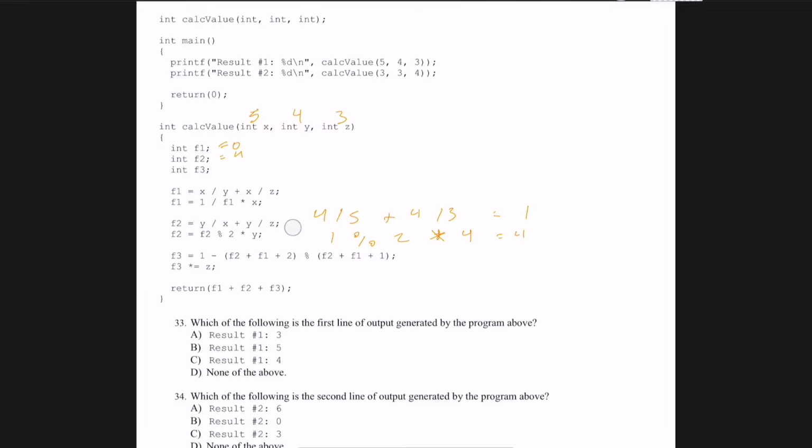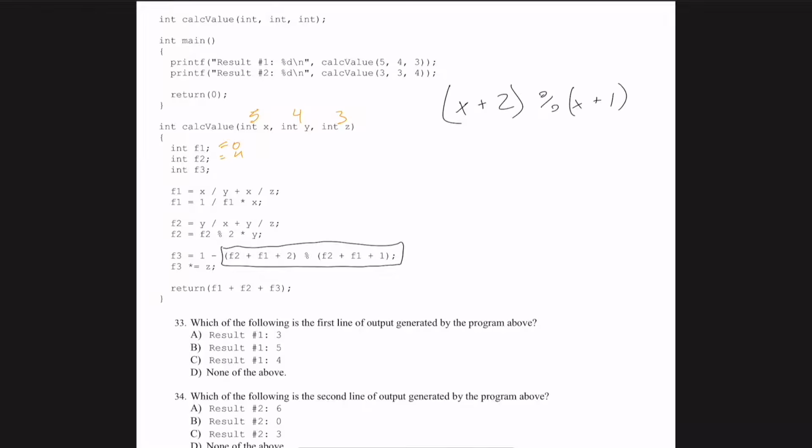Now we have this long equation right here, but you may recognize what's going on. I'm going to use a different color for this. Notice what I put in the black box. Does this look familiar in the form x plus 2 mod x plus 1? Well, our x is equal to f2 plus f1.